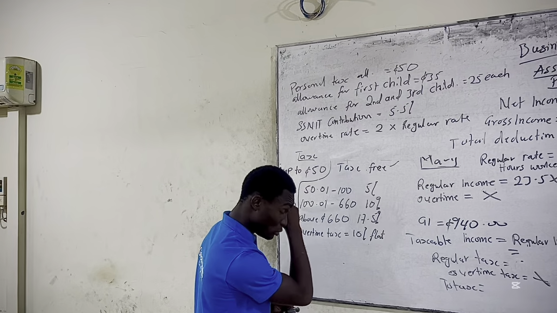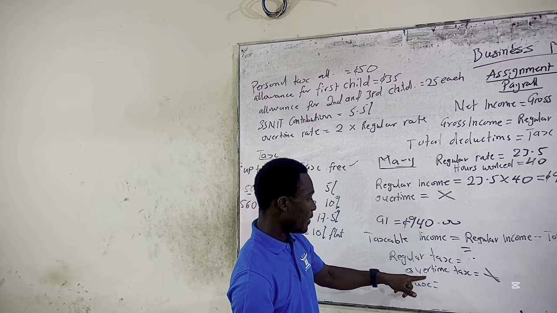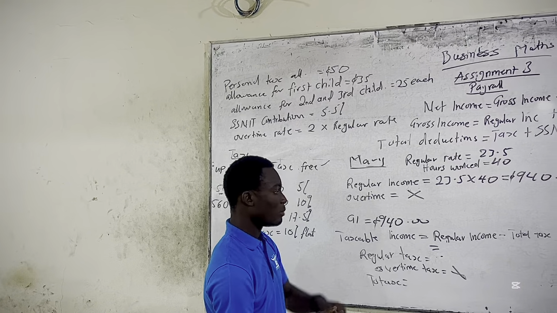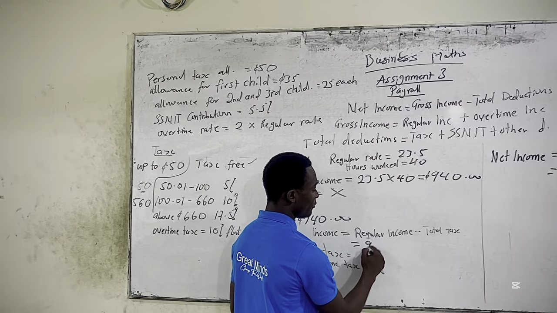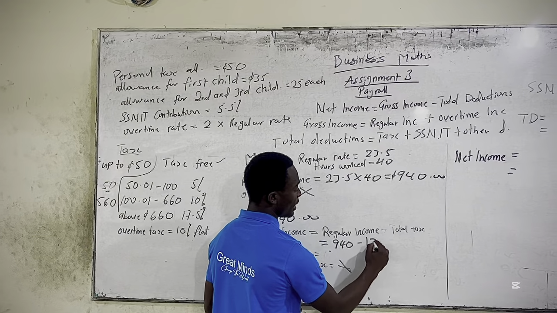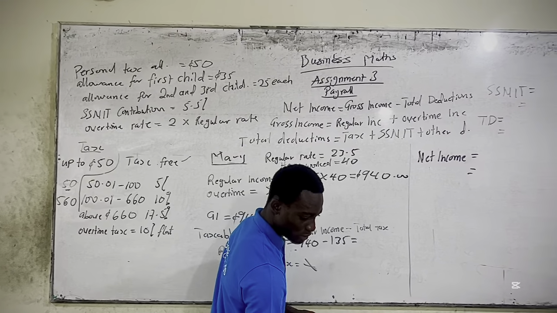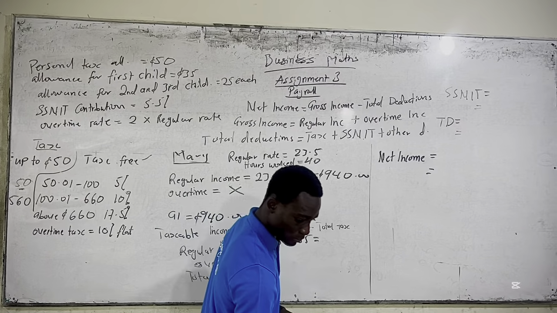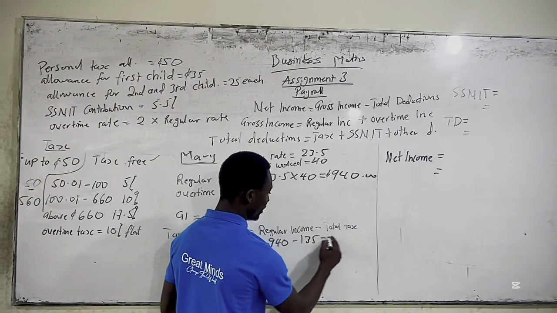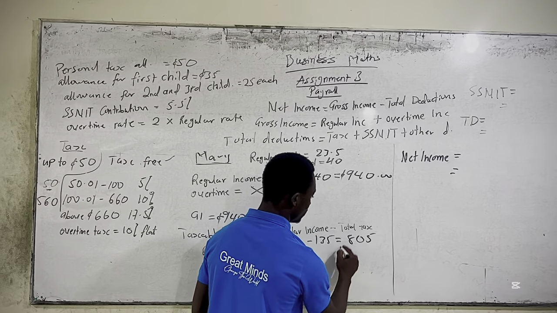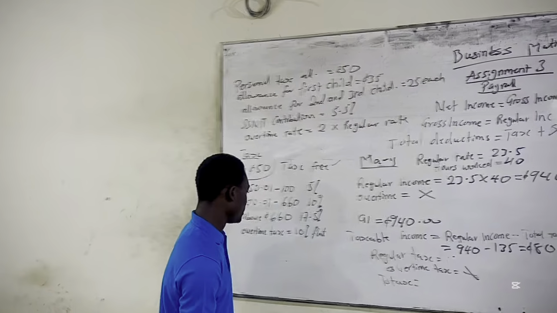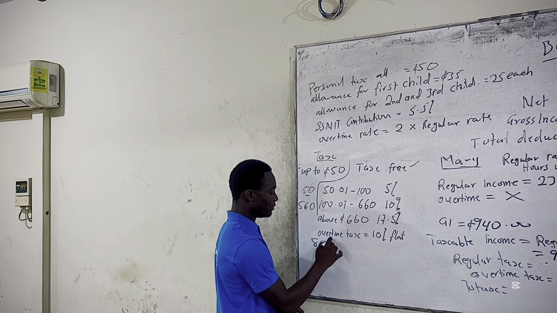Then we proceed to look for what? The taxable income, which is 940 minus 135, giving us what? 805 Ghana cedis. So we use the 805 to look for the tax.